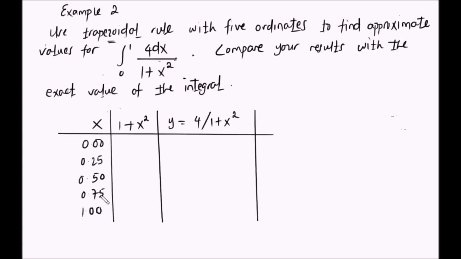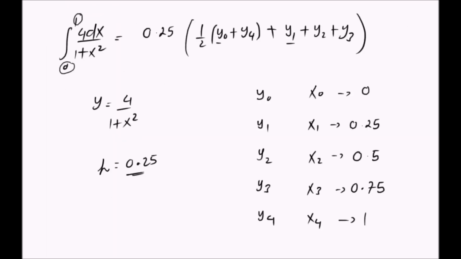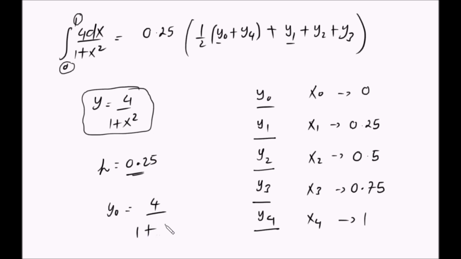So I need now y0, y1, y2, y3 and y4. I need this one. So how do I get it? Natumia hii formula hii. Nikitaka y0, all I have to do ni hapo kwenye x niweke x0.